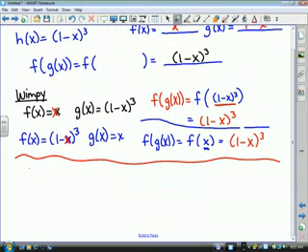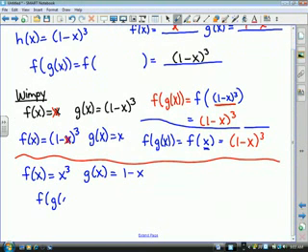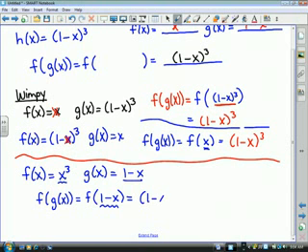So, just to show you that works, if f of x is x cubed, and I plug into it 1 minus x, if I do f of g of x, g of x is this, plug that into this right here, and you get it.